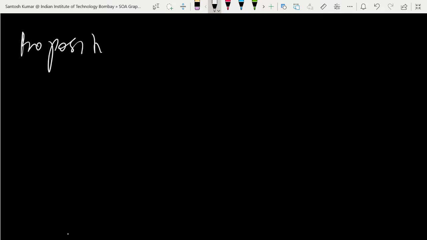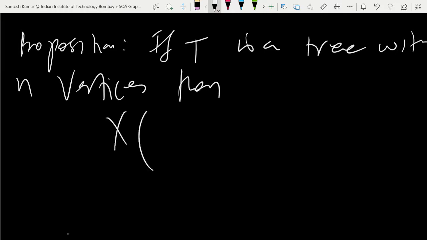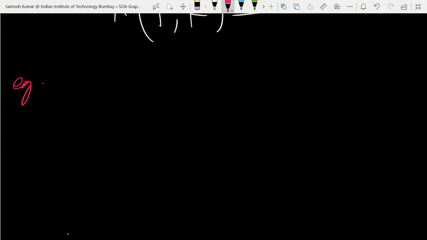Write proposition: if T is a tree with n vertices, then the total number of proper colorings of T using k colors is equal to... can anyone tell me? I think we have not done this, so let me do a few examples, then I will come to the result.